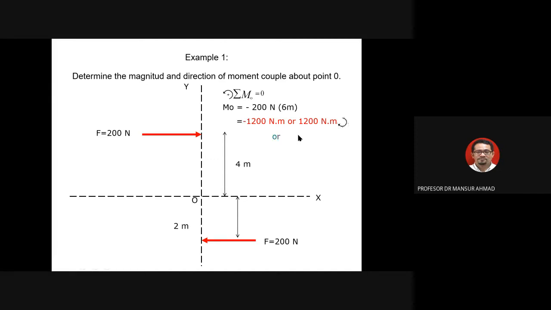Next, I'm considering this also as a moment of a force, which give you the same answer. Negative 1200 Newton meter or 1200 Newton meter clockwise. Okay, so any question for this particular one?